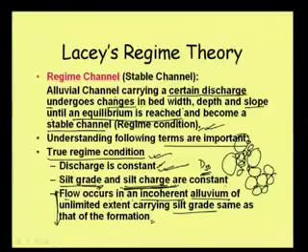Suppose the channel is moving through a particular alluvium. The silt size of that alluvium we will get as some value, if we take a sample and see what D50 we get. And then the sediment coming from far upstream comes as silt charge, and we get the D50 of that.